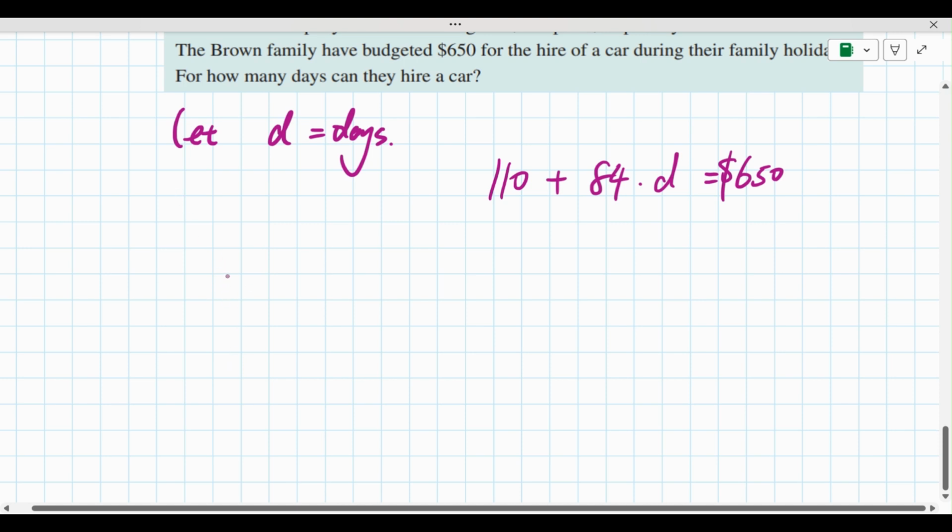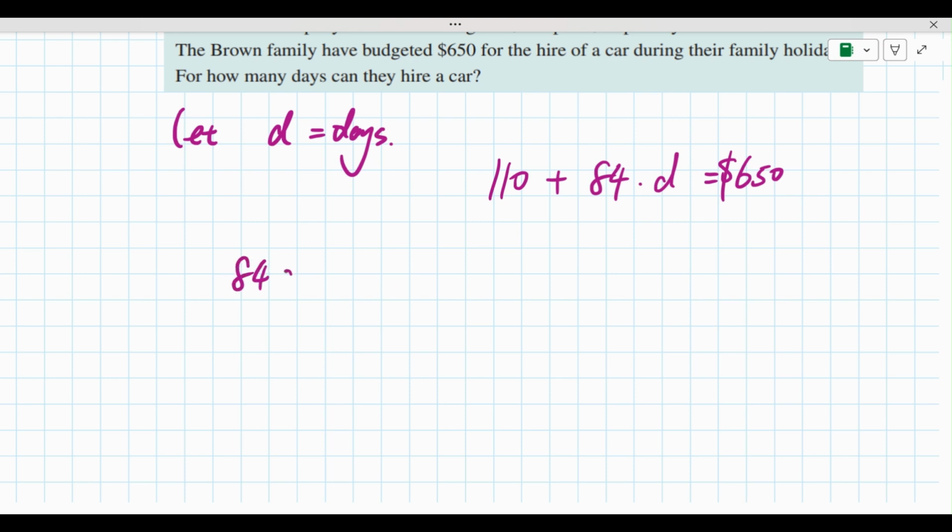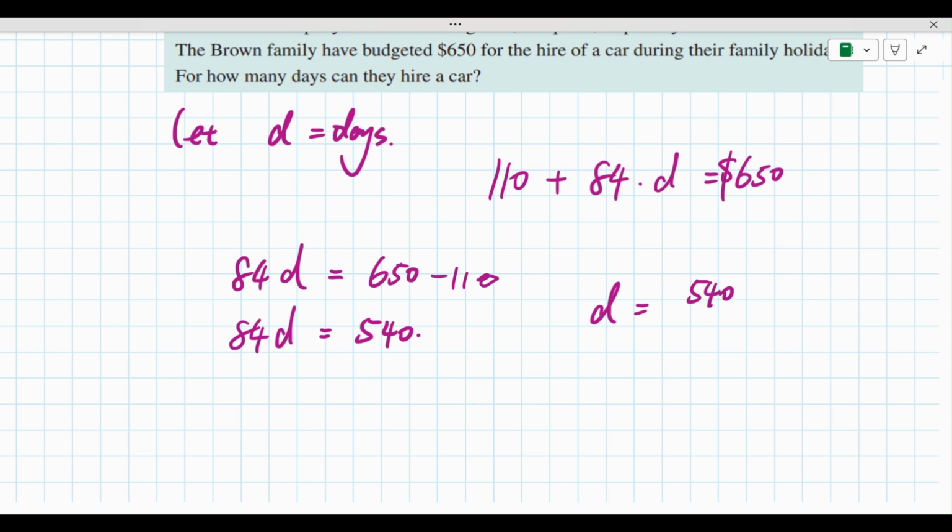Now we've got this, and we're going to use the solve function. 84 multiplied by d equals 650 minus 110. Now 84d equals 540, and d equals 540 divided by 84.